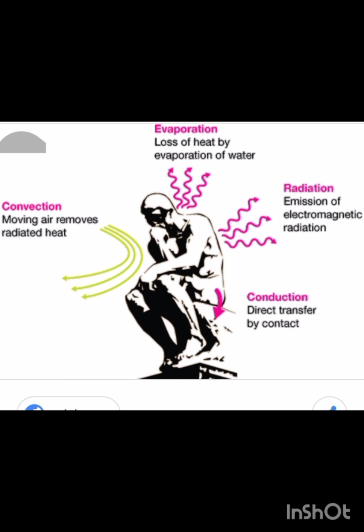Radiation, the emission of electromagnetic radiation, that means direct heat will shift from our body to the atmosphere. That is the radiation. Conduction, direct transfer by contact: if you sit on a seat for a few minutes, the seat also becomes warm.